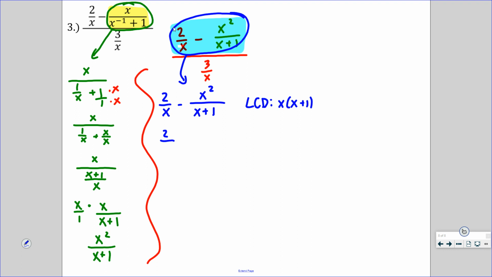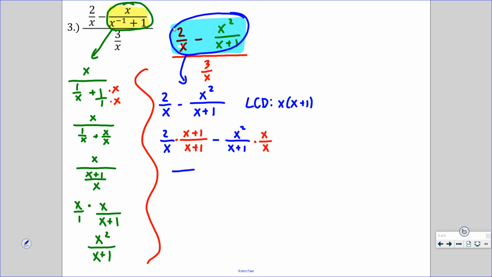All right, so the first fraction, we'll have to times the top and bottom by x plus 1. Second fraction times the top and bottom by x. Everybody with me?